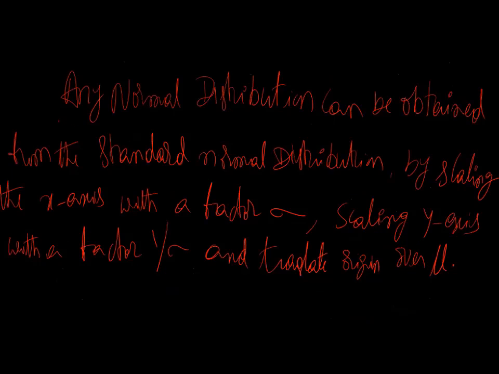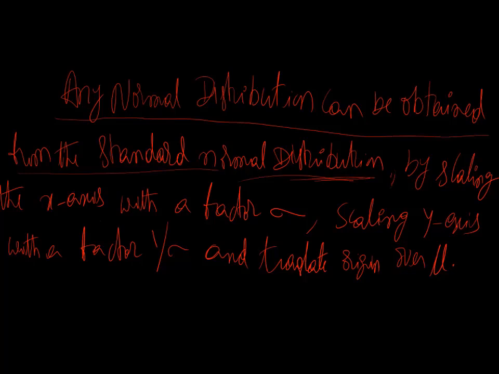Any normal distribution can be obtained from the standard normal distribution. How does it come?